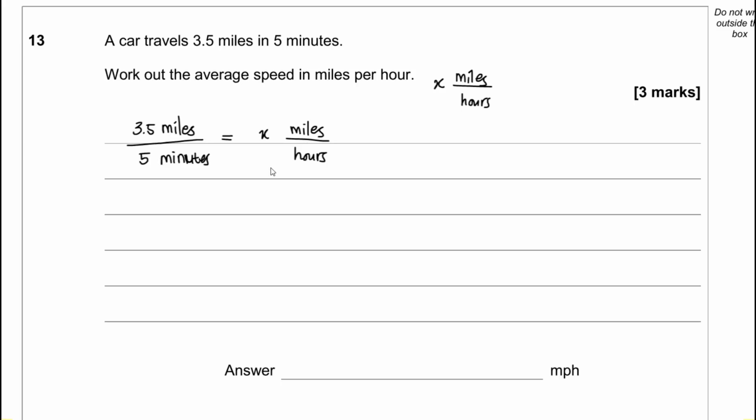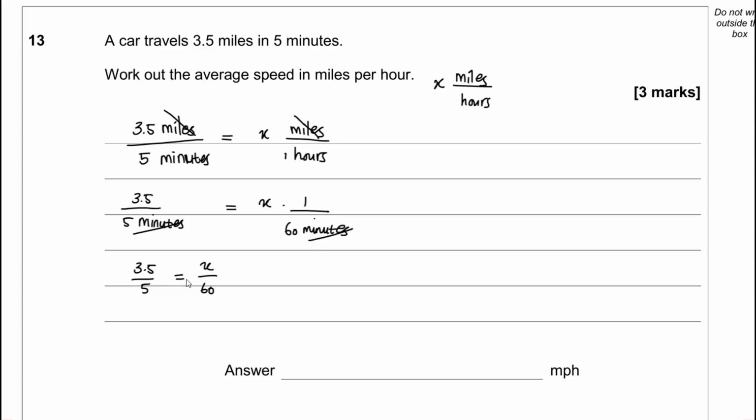Let's work with this equation. Miles and miles cancel each other. 3.5 still here, and then 5 minutes is still here, x is still here, and times 1 per hour. 1 hour is 60 minutes. So I can cancel now this minutes with this minutes. So we have 3.5 divided by 5 is equal to x divided by 60.